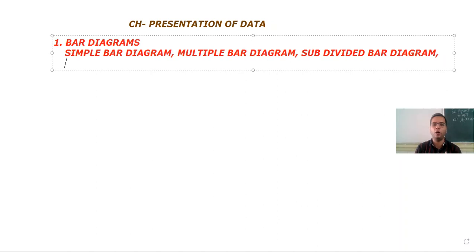Then I can go for showing profits and losses with a subdivided bar diagram. In the same way, next I can have the deviation bar diagram, and so on.